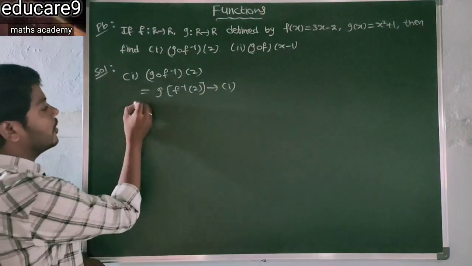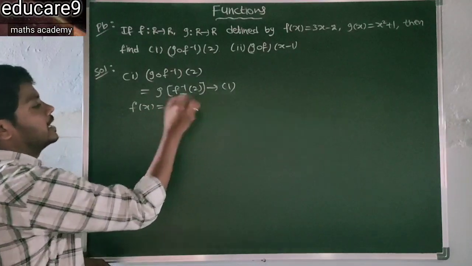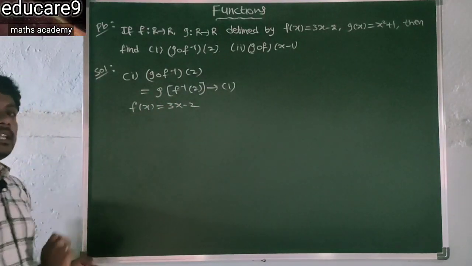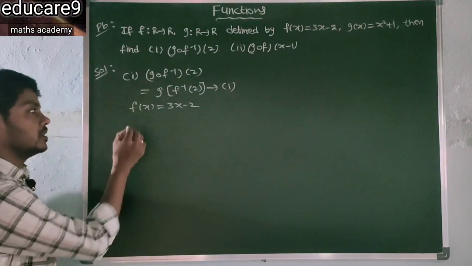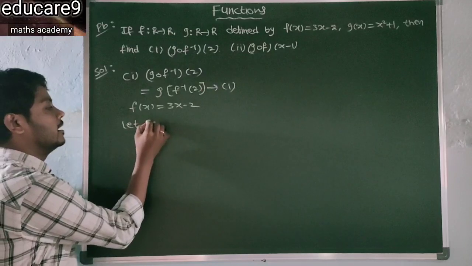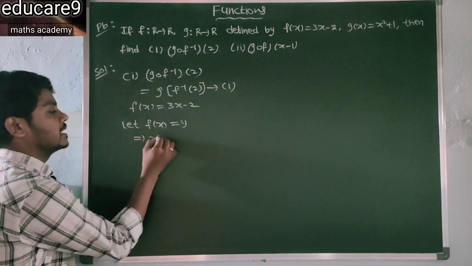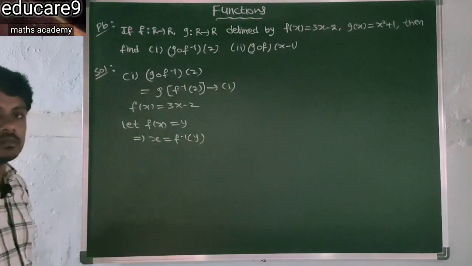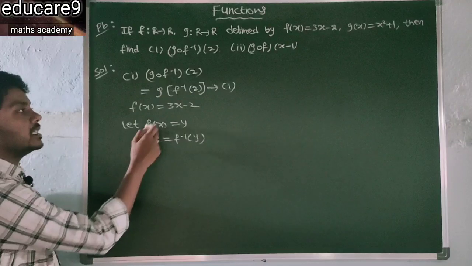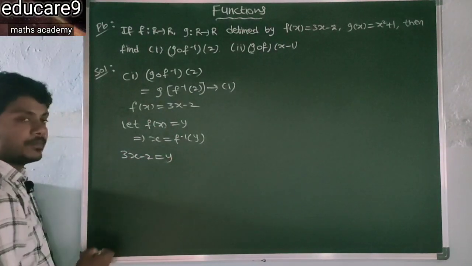Now f of x is equal to what is given? 3x minus 2. For finding the inverse function, let the given function equal y. So let f of x equal y. From this, x is f inverse of y. So 3x minus 2 equals y.